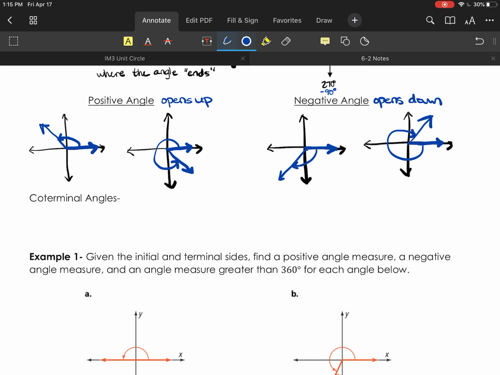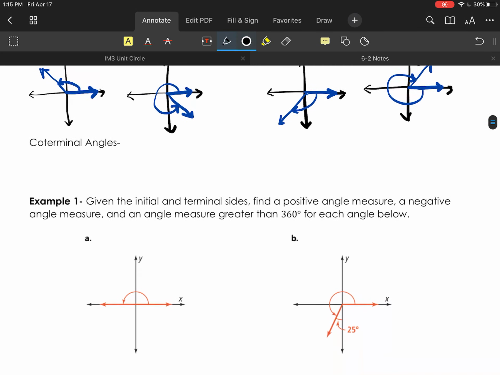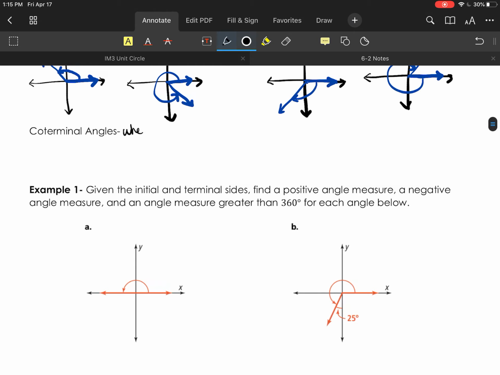Then you have something called coterminal angles. Here's your definition. Coterminal angles are angles that, when they're in standard position, share a terminal side.